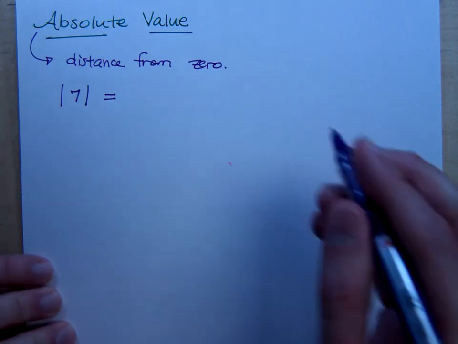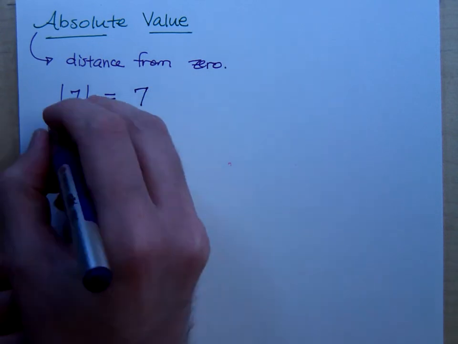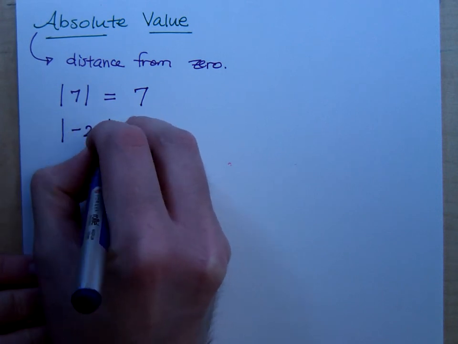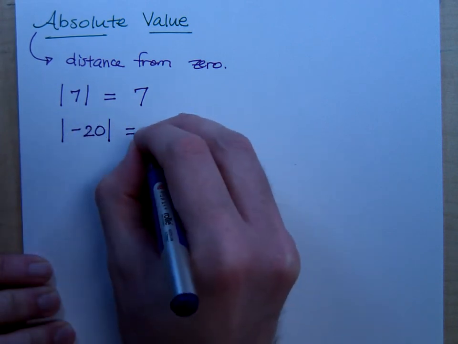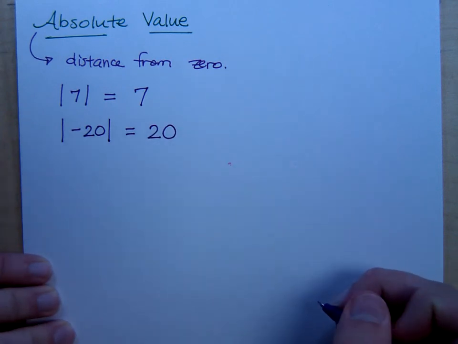And what's your response? 7. It's 7 units away. What's the absolute value of negative 20? 20. It's 20 units away from 0, so we just say 20, right?